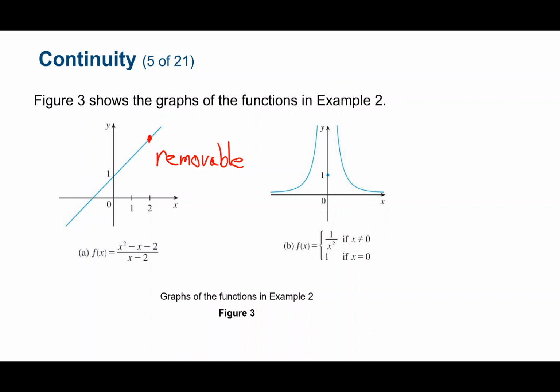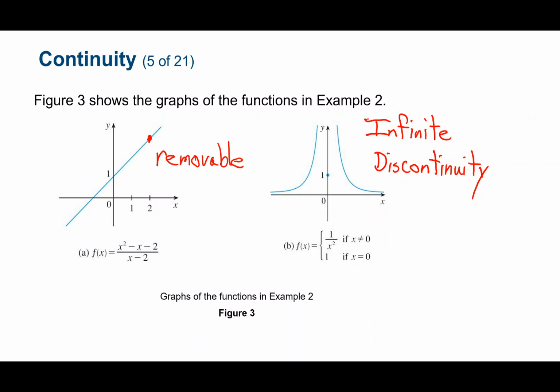B part, we actually call an infinite discontinuity. That's a little bit deceptive because on that one, we said the limit and the function value didn't match. Really what's causing the discontinuity is that you could ignore this point and it would still have a discontinuity there.